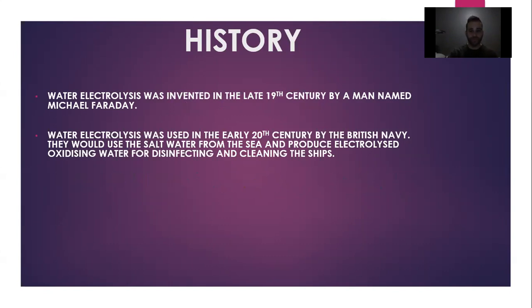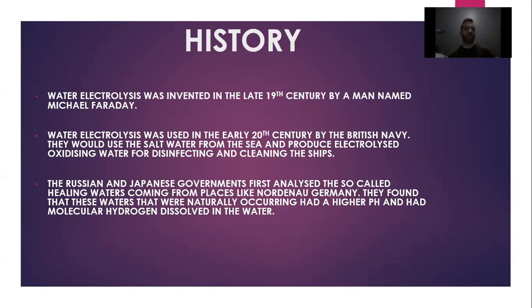Pretty interesting. Okay, the Russian and Japanese governments first analyzed the so-called healing waters coming from places like Northern Germany. They found that these naturally occurring waters had a higher pH and had molecular hydrogen dissolved in the water.